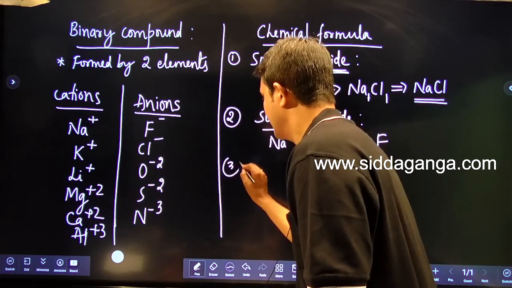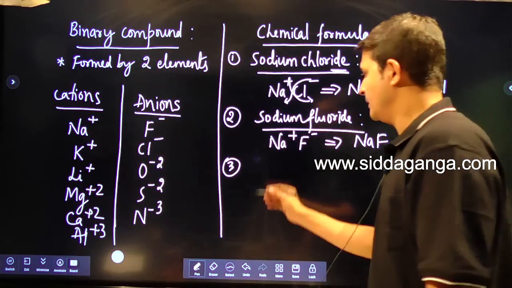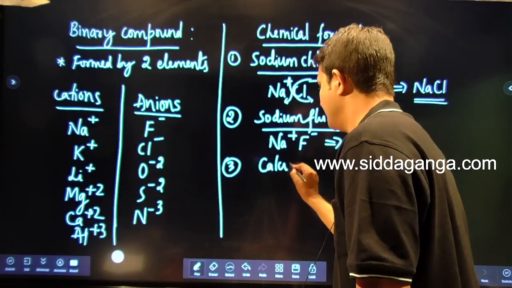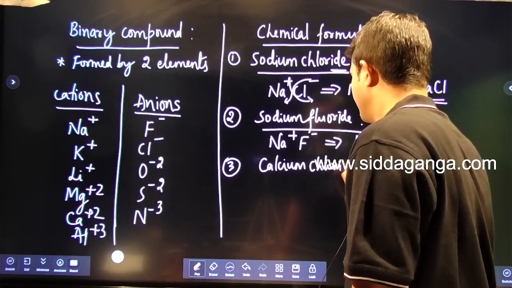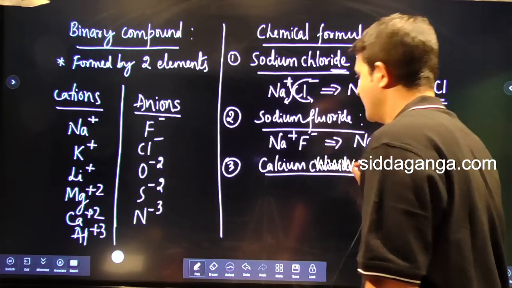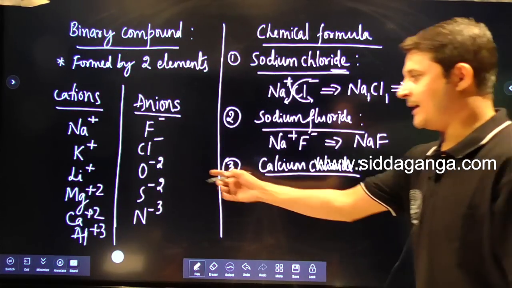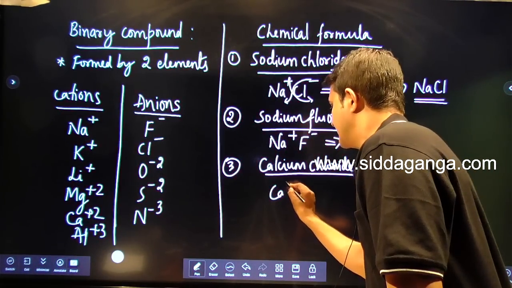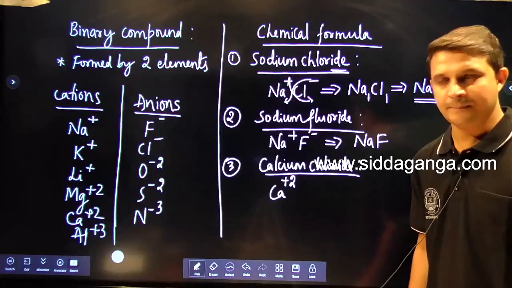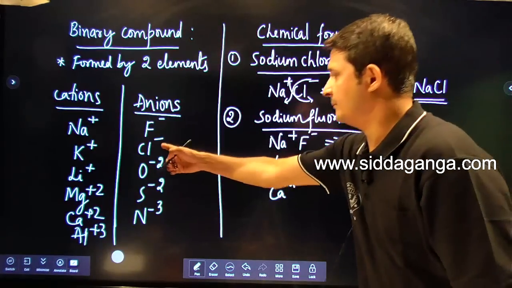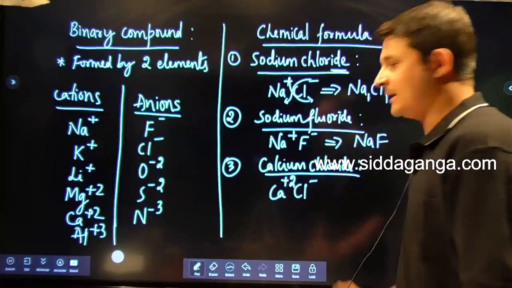Next, let's take calcium chloride. Calcium is Ca plus 2. Chloride is Cl minus.